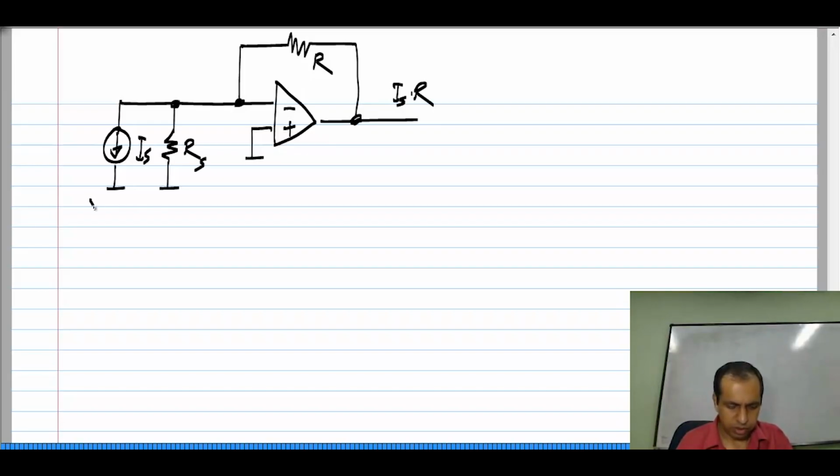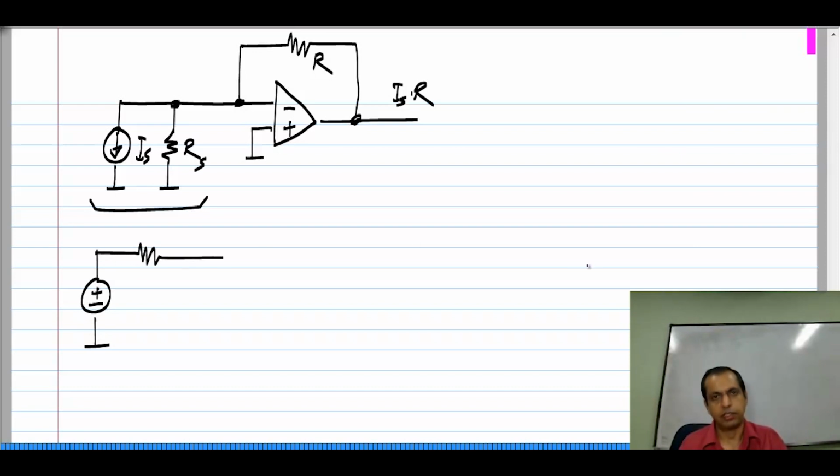Now, this combination here, you can see it is a parallel combination of a current source and a resistor. We can think of it as a Norton equivalent of something, and the Thevenin equivalent of it would be a voltage source in series with a resistance. And we also know from earlier discussions on Thevenin and Norton equivalents that this resistance is same as Rs, and this voltage source given the direction of current is minus Is Rs.